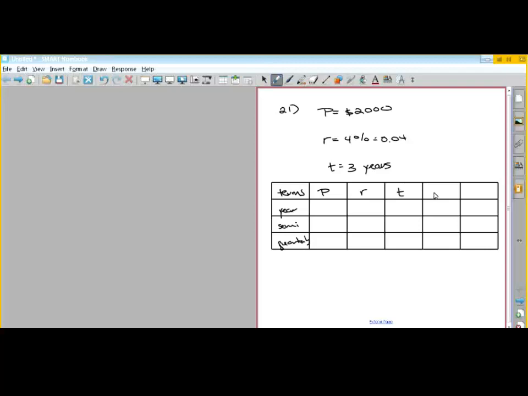Now, the other things we need are M, which is the number of periods per year. So yearly, annually is 1, semi-annually is 2, quarterly is 4. The number of years is the same for all of them. The rate is the same for all of them. And the principal is the same for all of them.